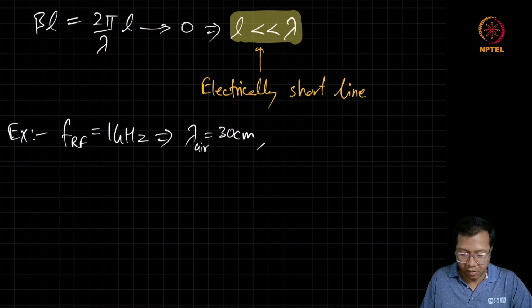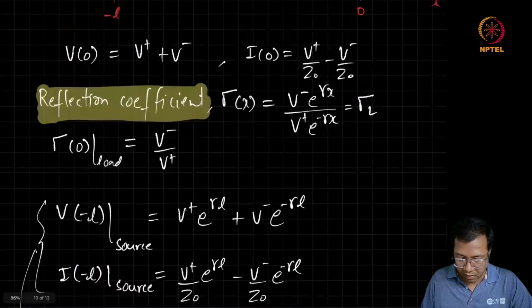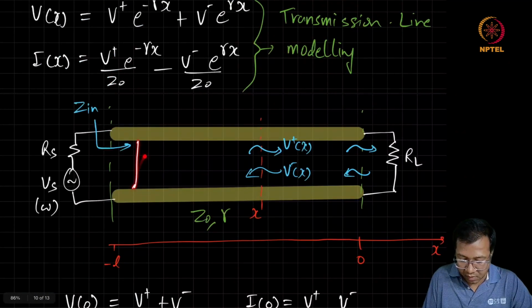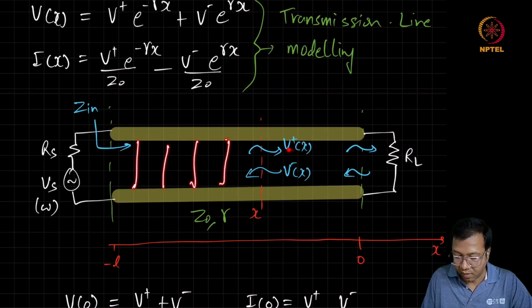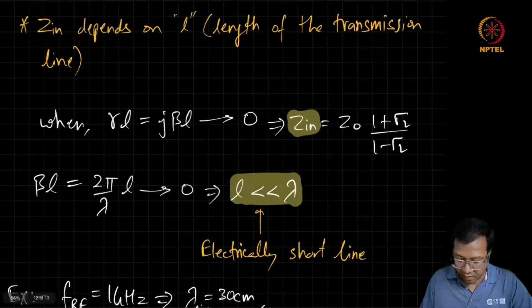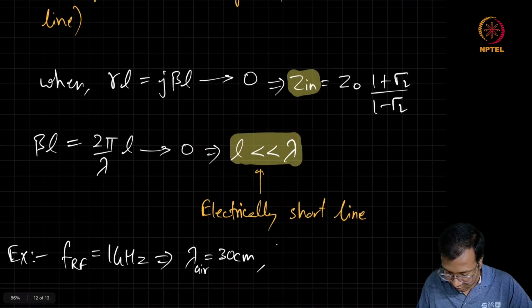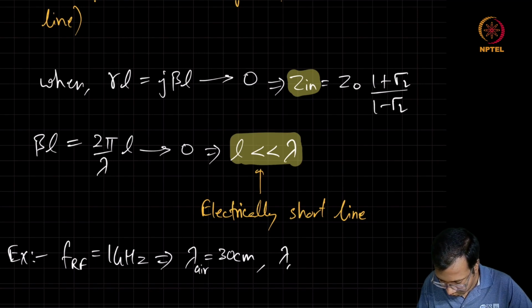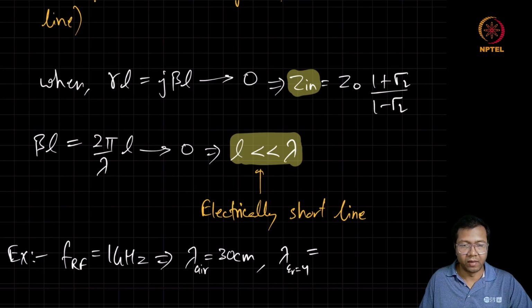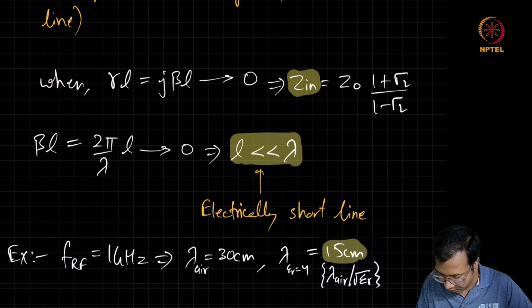In a different material, where the cable is separated by some other material instead of free space, we will find that it has its own dielectric constant. The dielectric constant will cause the wavelength on the transmission line to reduce. So let's say if the dielectric constant is around 4, this will turn out to be 15 centimeters.